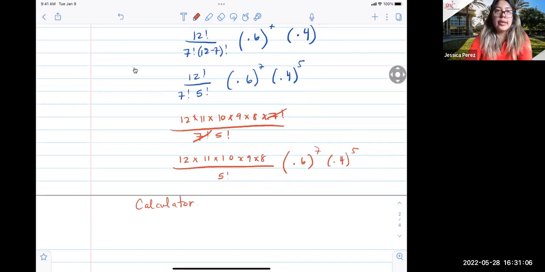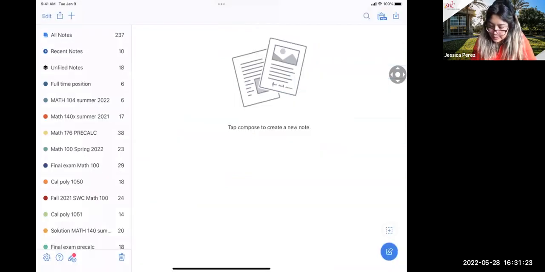So let's do that again. I'm going to be using Wolfram Alpha. So what I have is 12 times, well, I'm going to find what's 5 factorial. That should be easy. 5 factorial is 120. So 5 factorial, sorry about that.